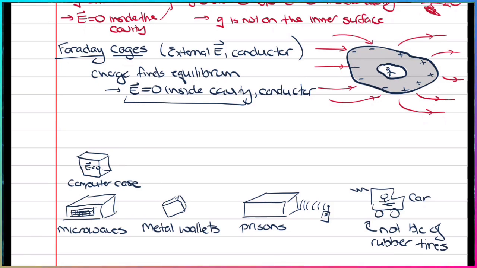Essentially, the wallet itself is a little metal box, right? And it was advertised that people can't scan your credit cards if they're in this box. Modern credit cards have little chips in them. We'll learn about this when we talk about magnetic induction.